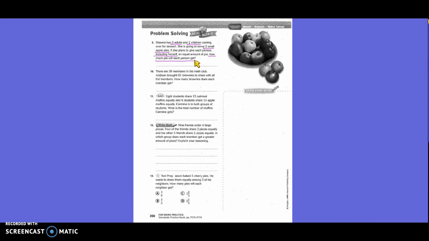So that is the numerator. And how many people is she feeding? 6, because there's 3 adults, 2 children, that's 5, and then herself makes 6. So what is that simplified as? 1/3. So 1/3 of a small apple pie.